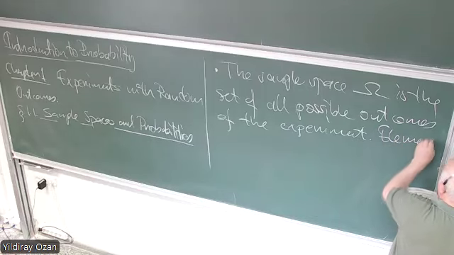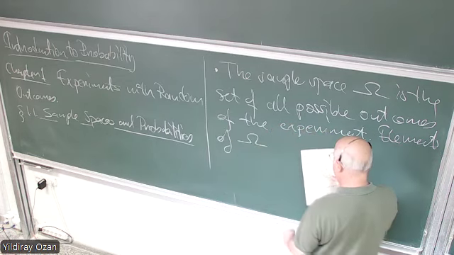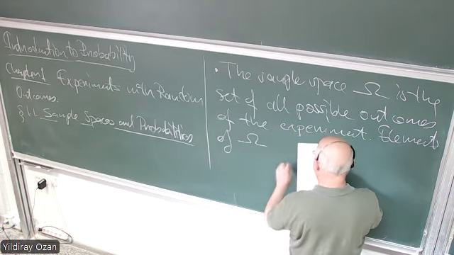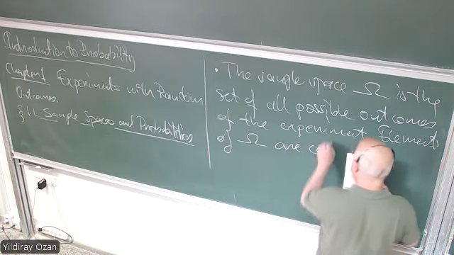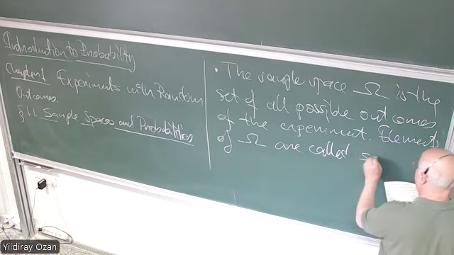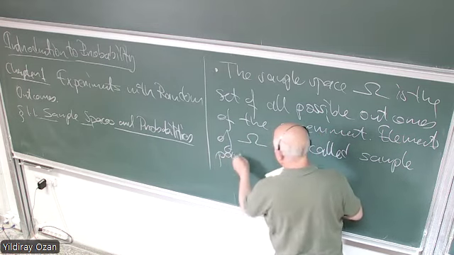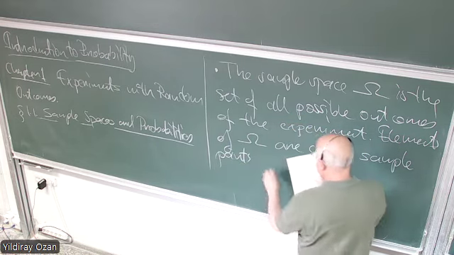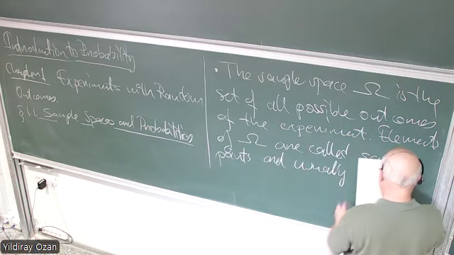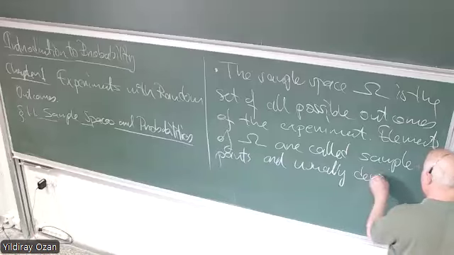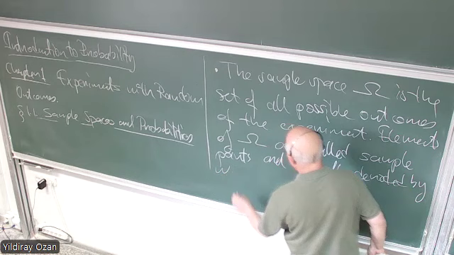Elements of this set, of the sample space, are called sample points, usually denoted by omega.